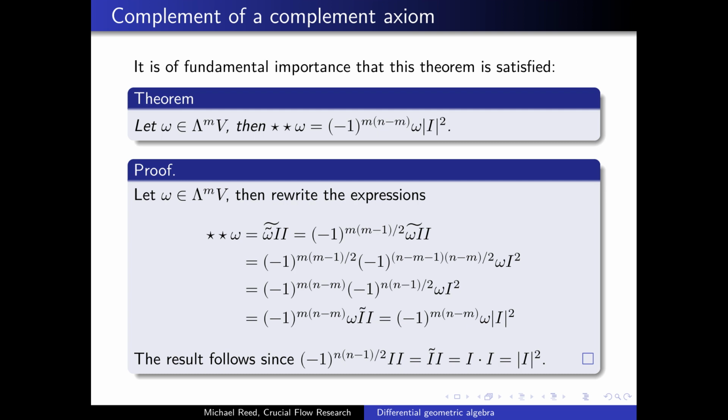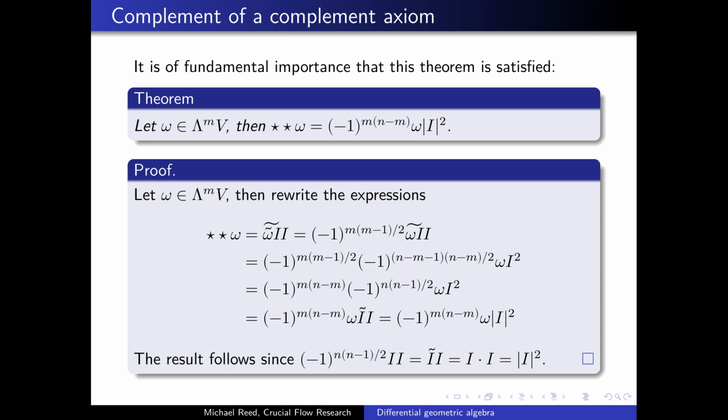And so when we rewrite this expression, what is it? Well, instead of I squared, we have the reverse of I times I, and the reason we want this is because we can write this as the absolute value squared.